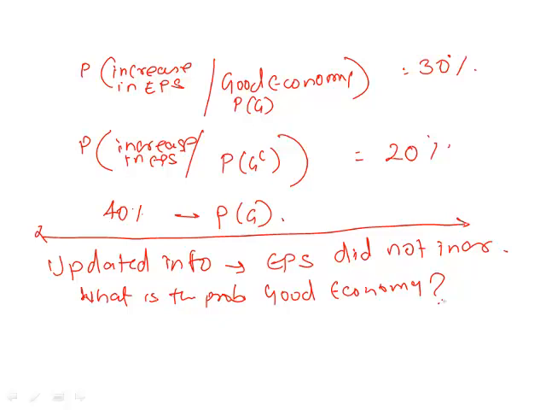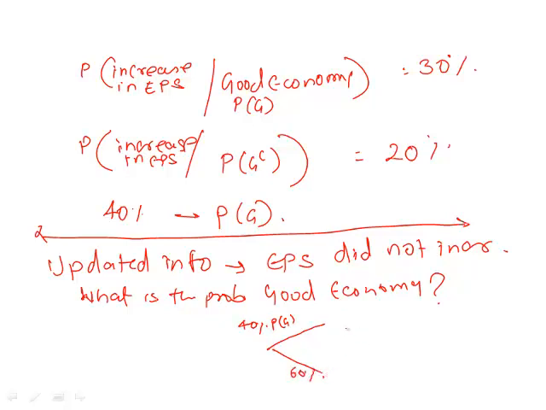Okay, let's do it together. You build a binomial tree for this. First, you always start with independent events. The probability of good economy is 40%, which means the probability of good economy complement would be 60%.